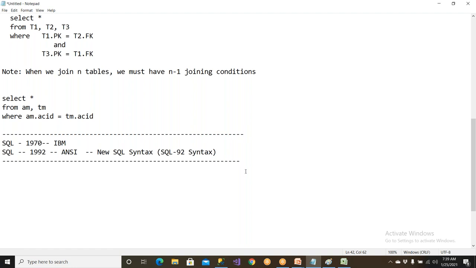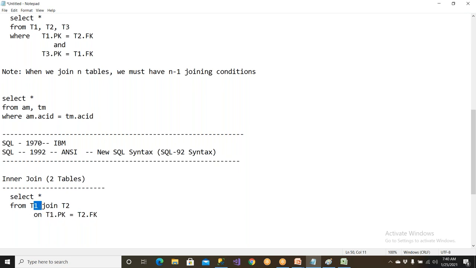The new syntax I'm going to be talking about now. In the new syntax, they said you must use join, remove the where clause and put an on clause. So to inner join two tables: select star from T1 join T2 on T1 dot primary key is equivalent to T2 dot foreign key.